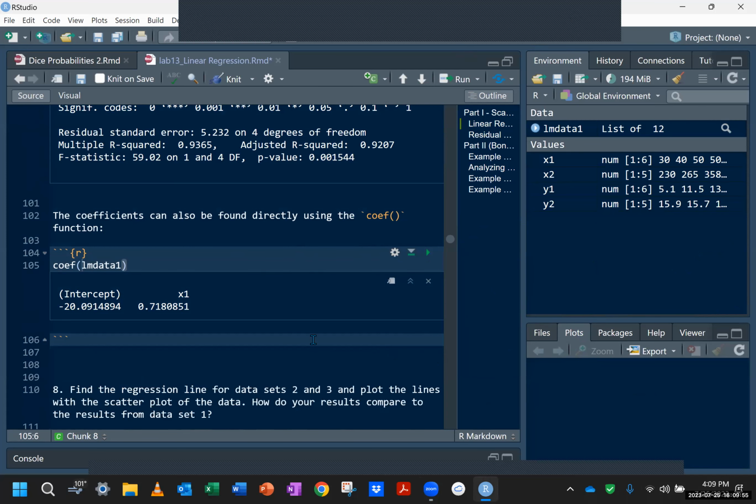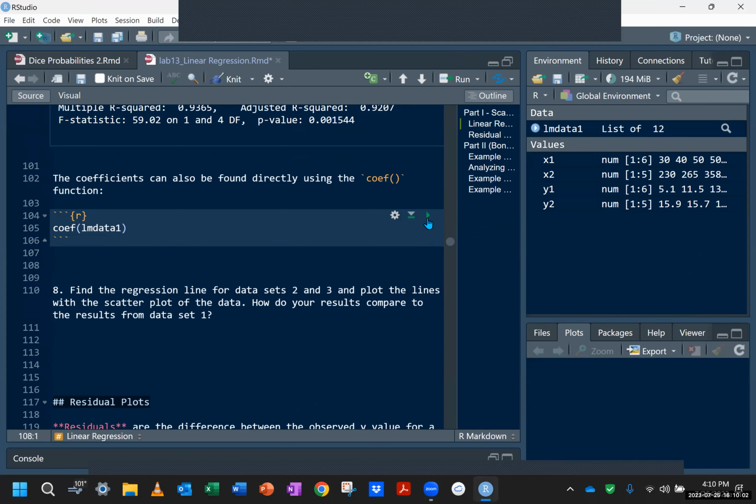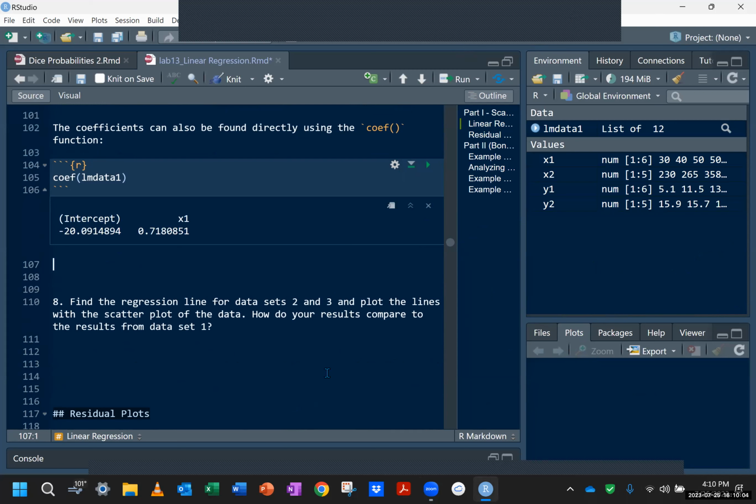This shows me that if I want to write my equation, it'd be y equals negative 20.09, that's my y-intercept, plus 0.718 times x1. I'll write it like that. And 0.718 is my slope.